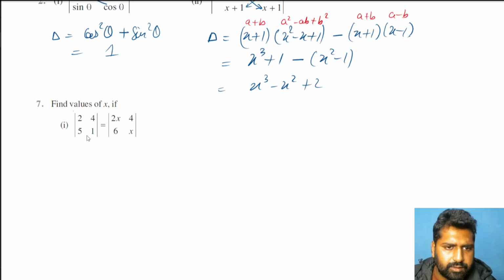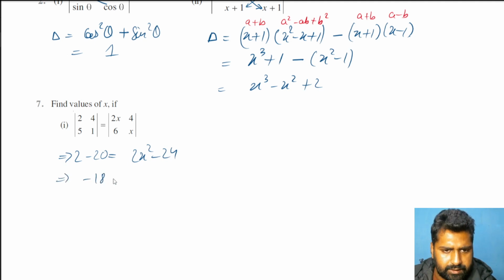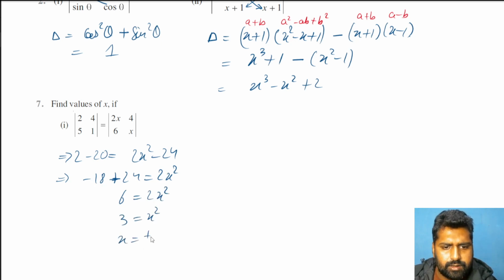So let's solve the left determinant. So 2 minus 20 is equal to 2x square minus 24. Solve it accordingly. Minus 18 plus 24 is equal to 2x square. So 6 is equal to 2x square. X square is 3, x is plus minus root 3.